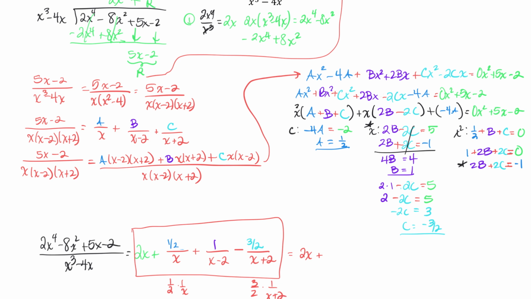All we have to do is take that half and move it to the denominator on each one when we have halves. So this would end up being 1 over 2x, and then plus 1 over x minus 2, and then minus 3 over 2 times x plus 2, which can look a little deceiving in terms of where we started because it doesn't look like we have a 2 in there anywhere.